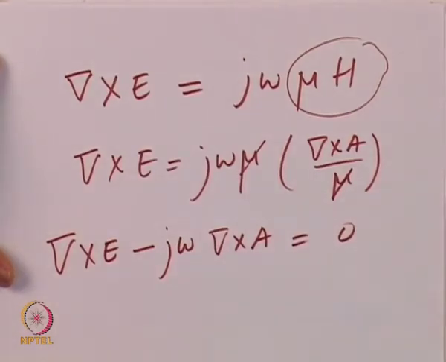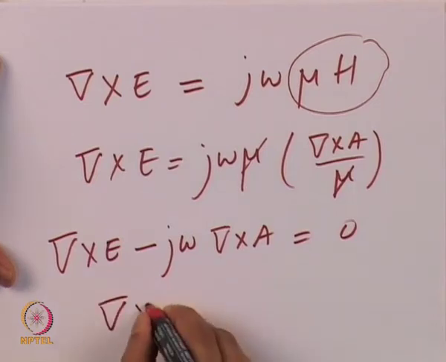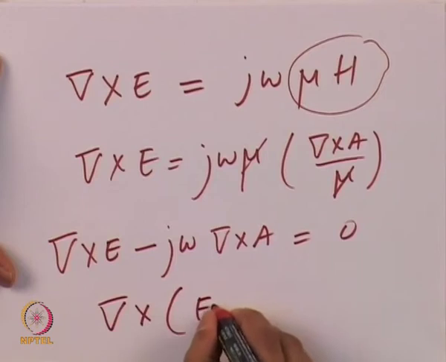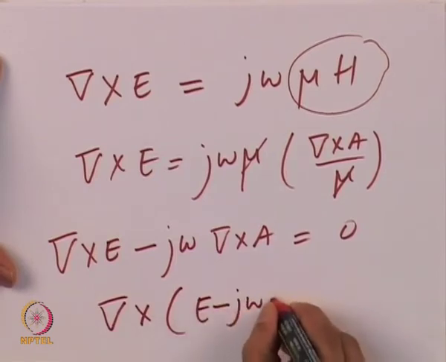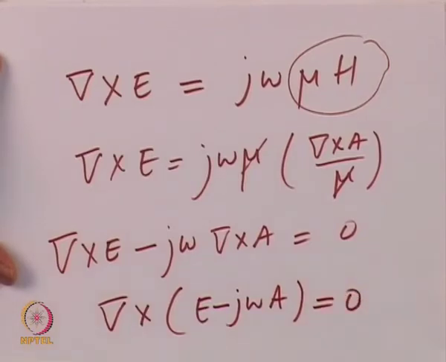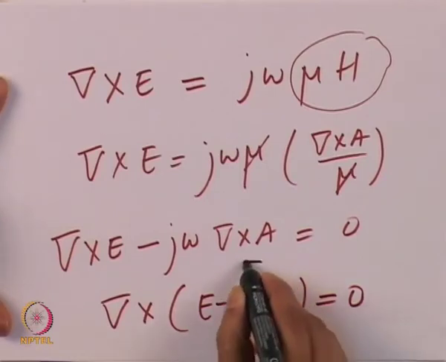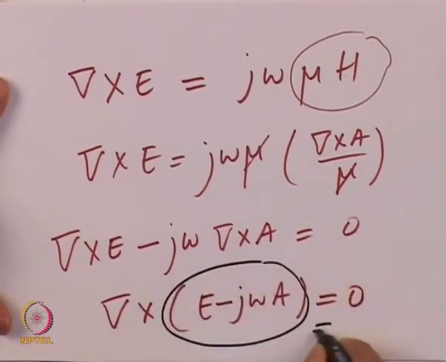Once I have this, as you can see in the slide, I am going to write this equation as curl of E minus j omega A equal to 0. Now we are going to look into another vector identity. When the curl of something is equal to 0, that means the something is a gradient of something.